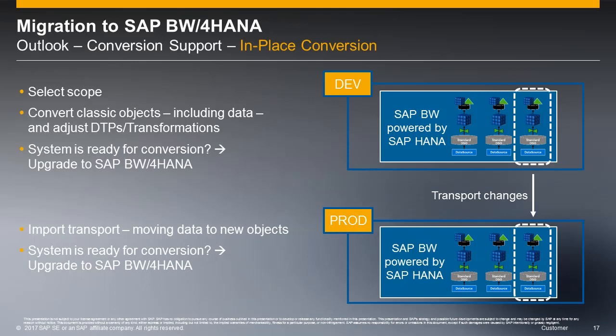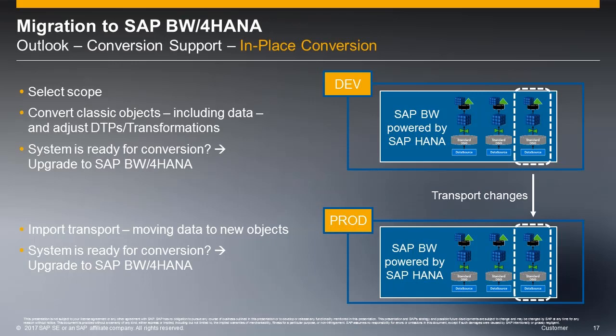And with the compatibility mode, you can work with the unsupported object types, right? So you can work with info cubes. You can work with optimized DSOs. However, you cannot create any of these. You only have the ability to create the new HANA optimized, right?